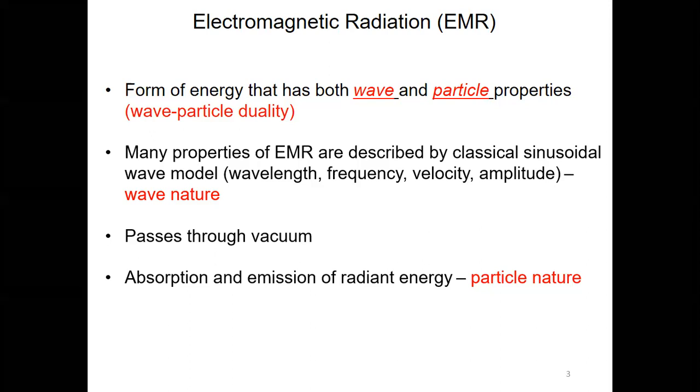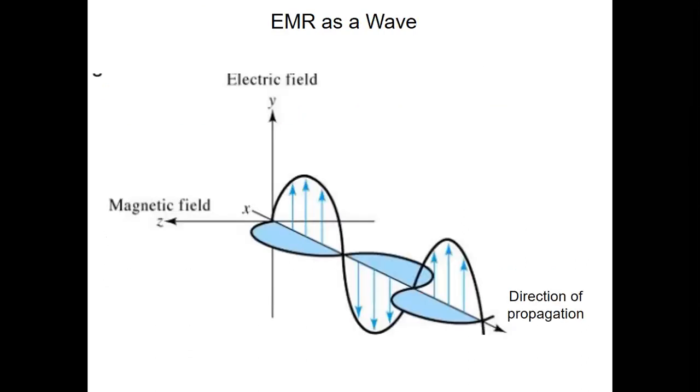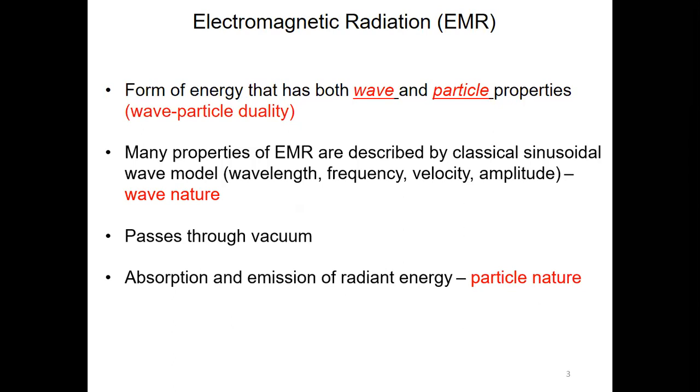This means electromagnetic radiation has particle nature. You should have heard about quantum packets, and we can explain this particle nature using quantum mechanics. The radiations are associated with quantum packets. Likewise, we can say there is a wave-particle duality of electromagnetic radiation.